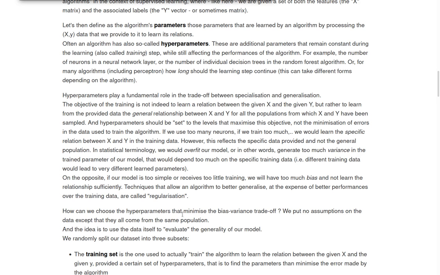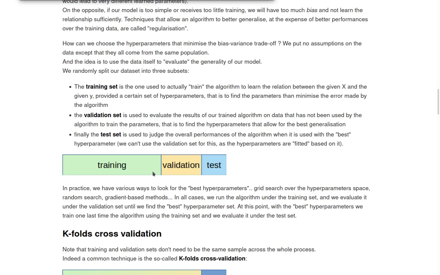One general way to choose the hyperparameters, whatever the algorithm, is to use different datasets to evaluate the algorithm's efficiency in finding the relation between x and y, but also its efficiency in generalizing outside of this training data.